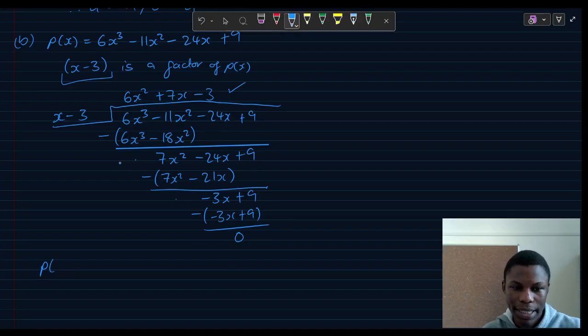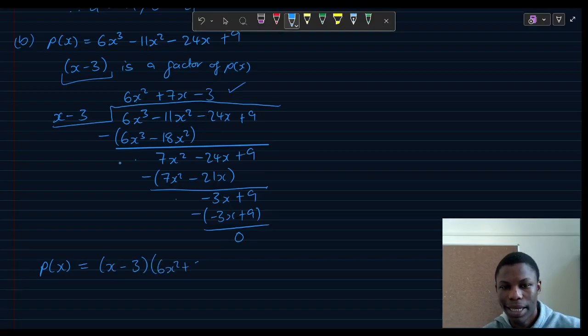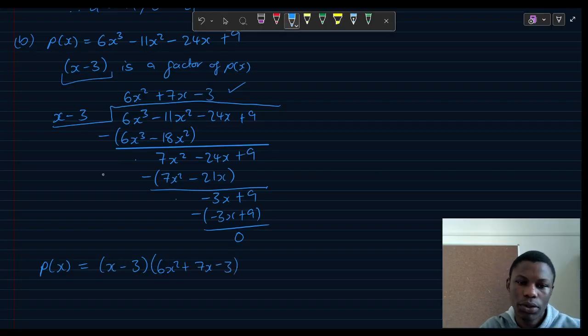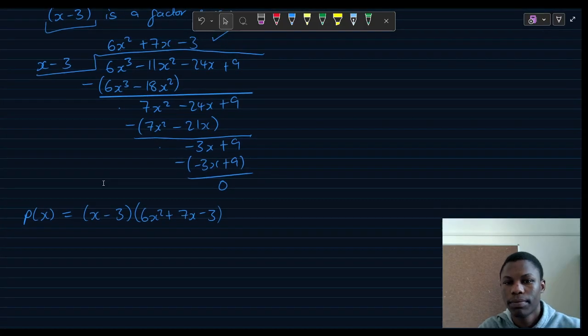So what that means is that I can write P of x as a product of its factors. I can write P of x as x minus 3 multiplied by 6x squared plus 7x minus 3. So if you think about it, really, it's the same as saying if you've got 6, you can write it as a product of its factors.